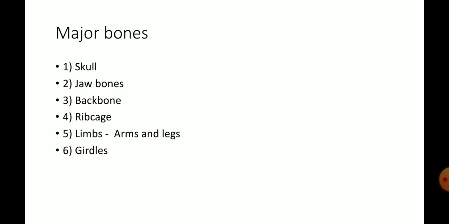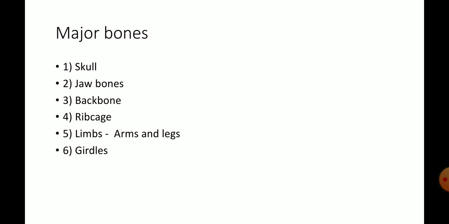And today we are going to learn about the major bones in our body. The human skeleton has certain major bones which play an important role in the functioning of the body and in protecting the important organs of the body.